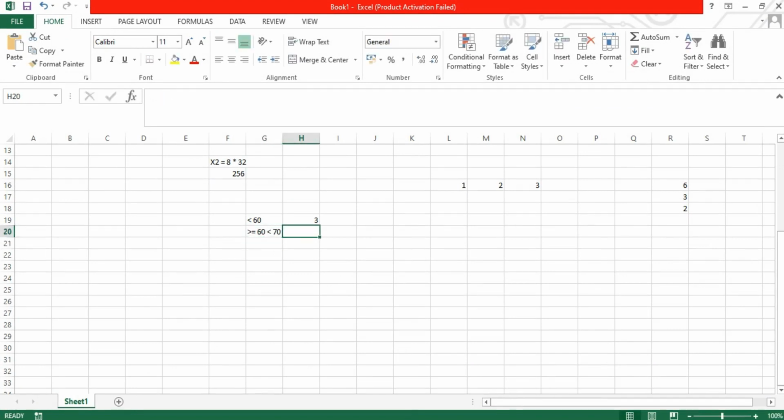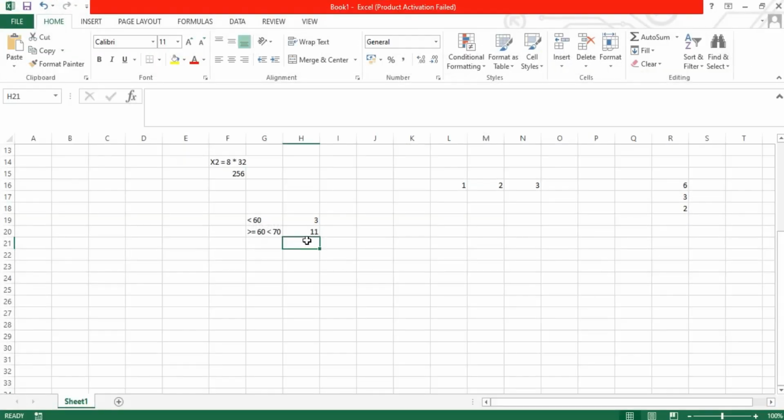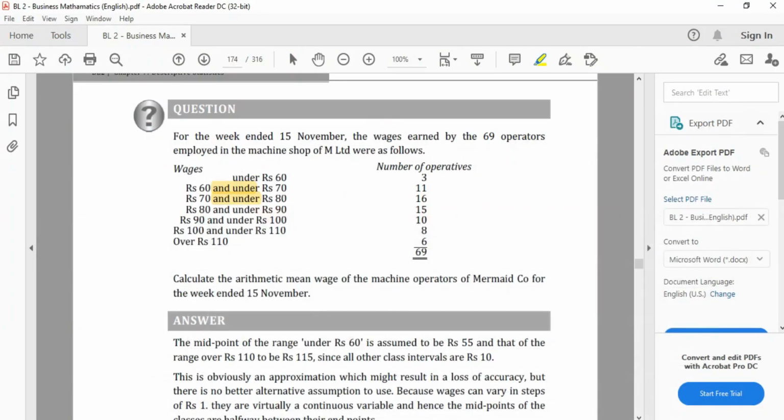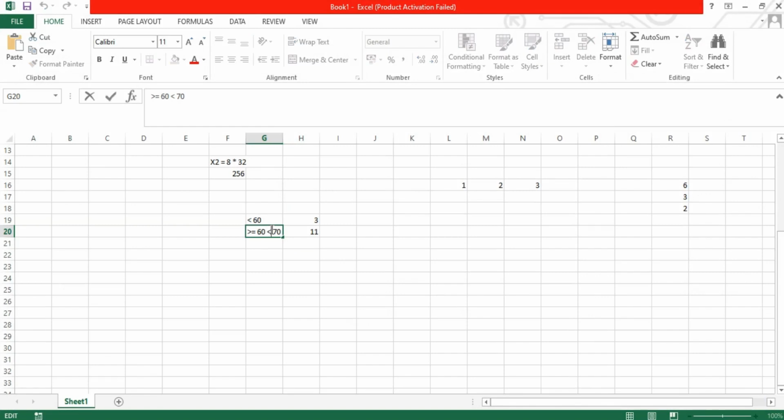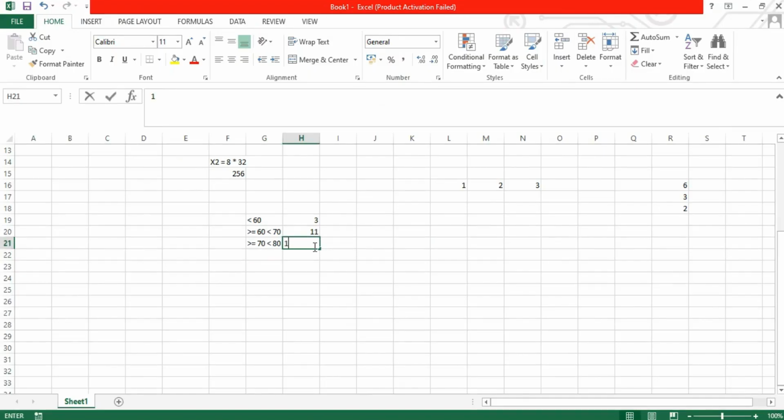Now this range is 11. Next one, greater than or equal to 70, because previously it is less than. So this time greater than and also equal to 70, but under 80. This is 60.